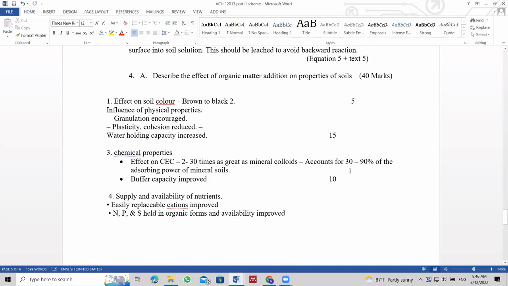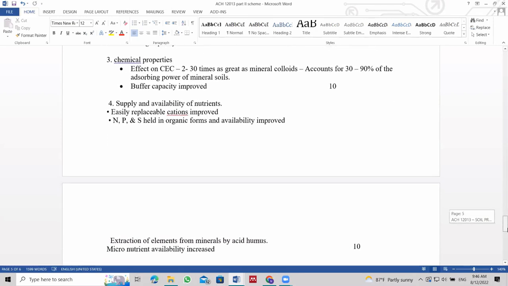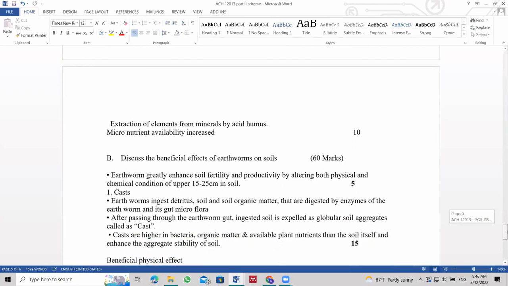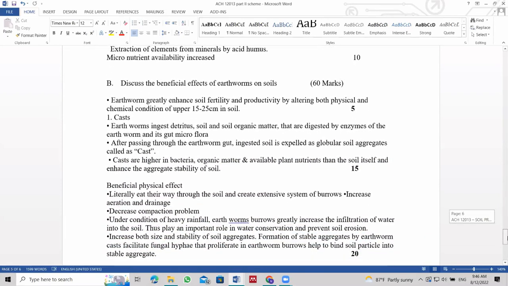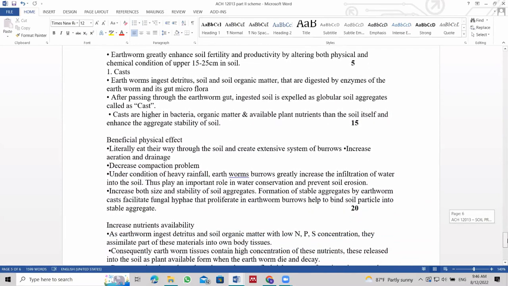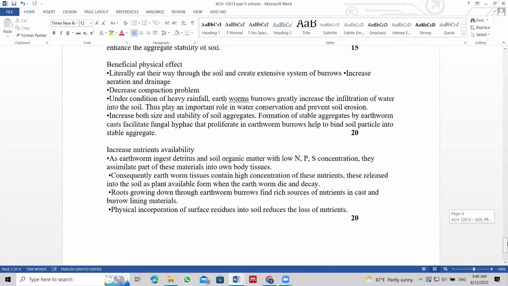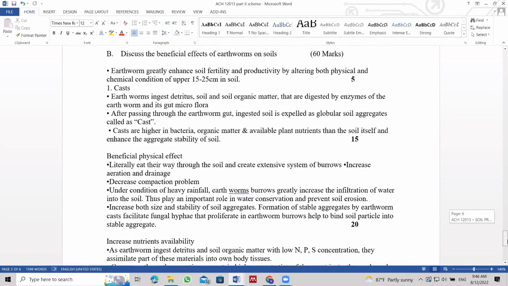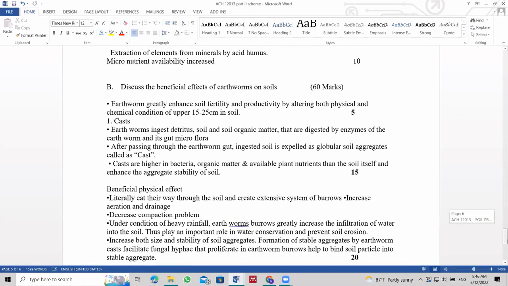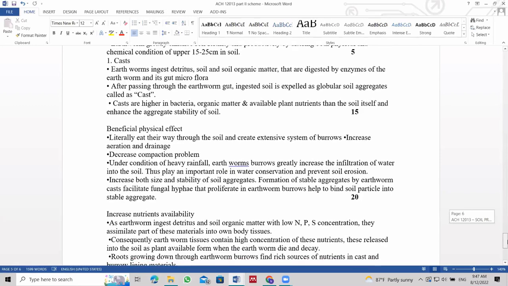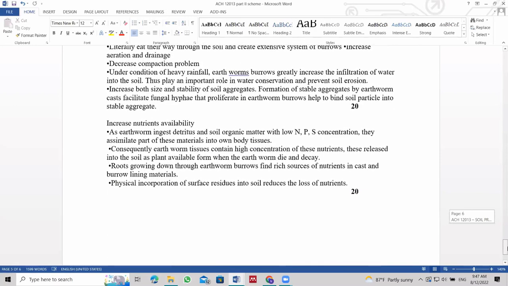answer. Okay. Then the other question is discuss the beneficial effect of earthworms. So you have studied many beneficial effects, so you have to answer all the beneficial effects. What are the beneficial effects of the cast, what are the beneficial physical effects, then how nutrient availability improved.